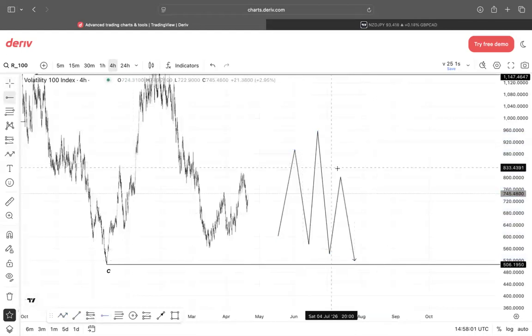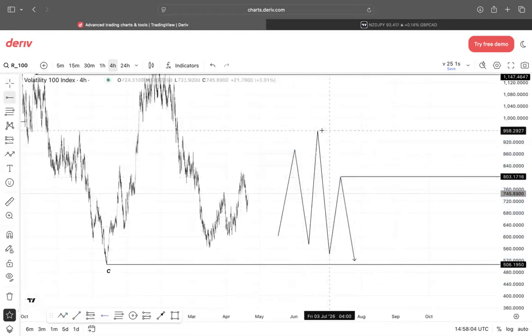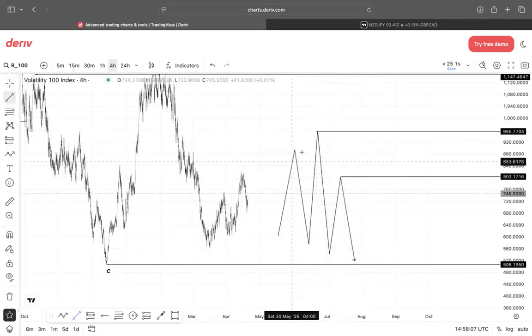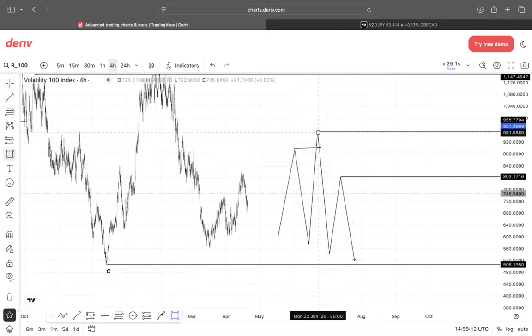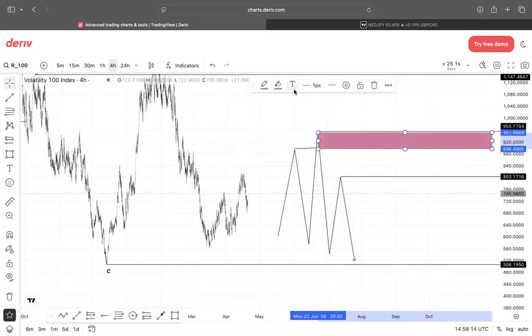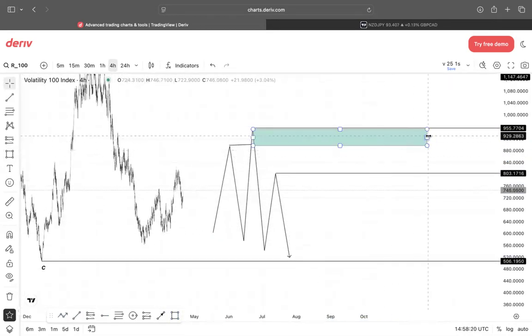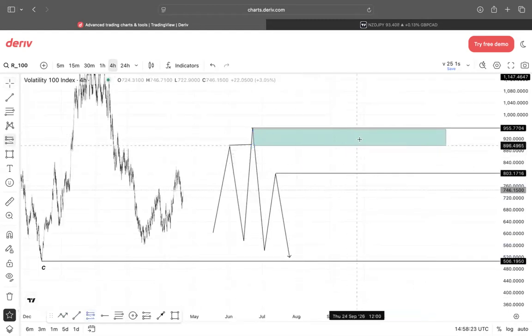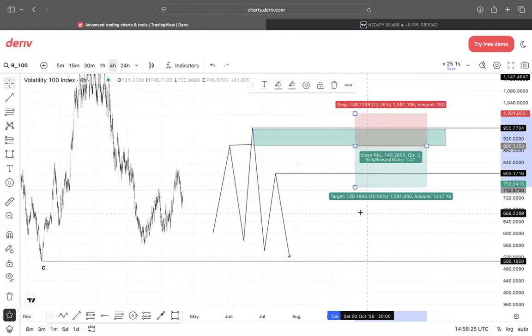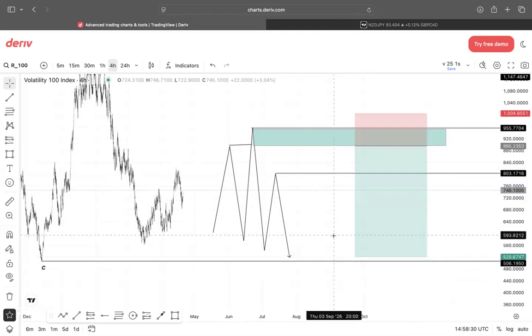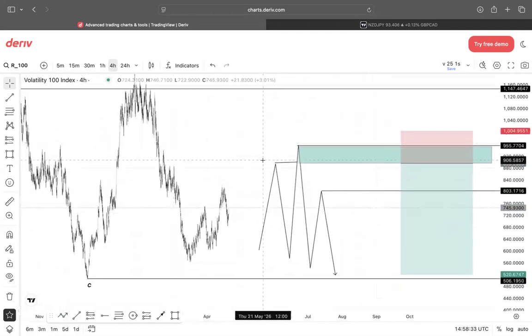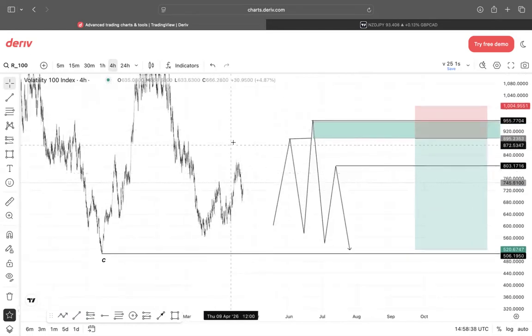So here becomes our POI, last sweep. Here becomes our POI, and then our entry will be here, and then our targets will be here, not here. So we're waiting for something like this on V100, but it has not given anything like that yet. So we just wait it out.